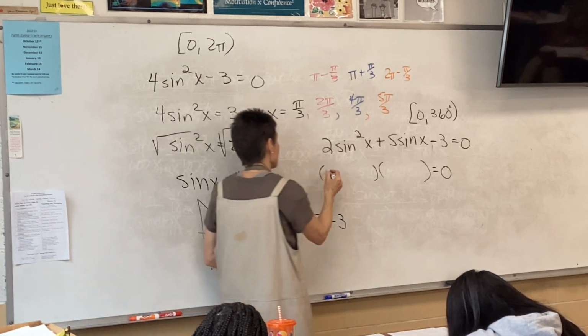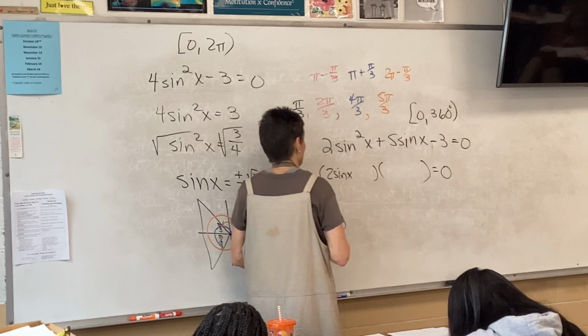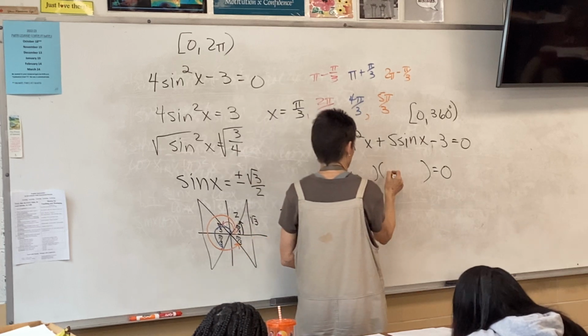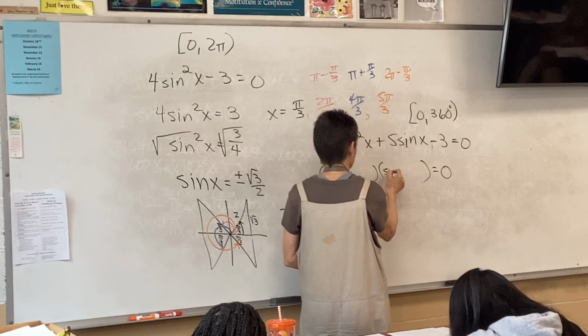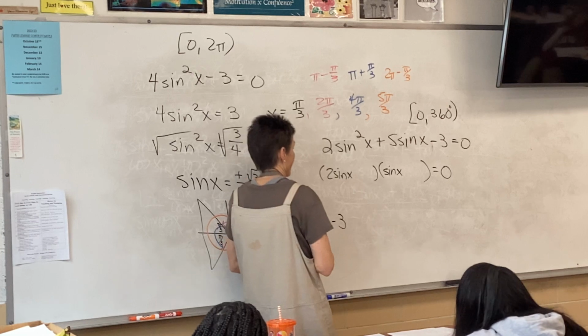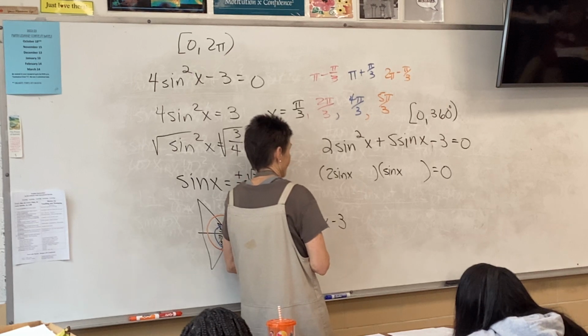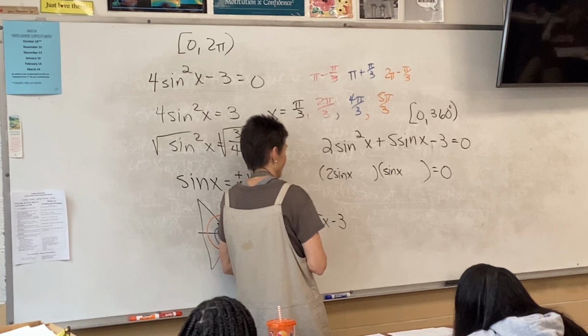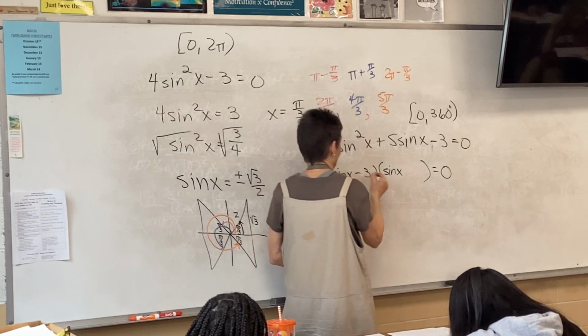2 sine x, sine x. The first one would be minus 3, the second one would be minus 1.